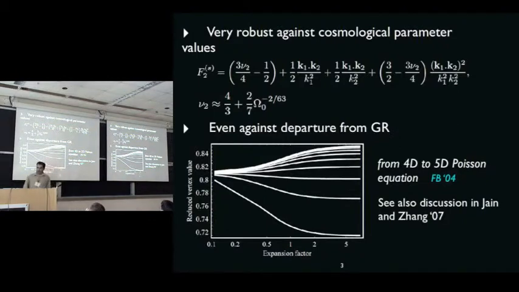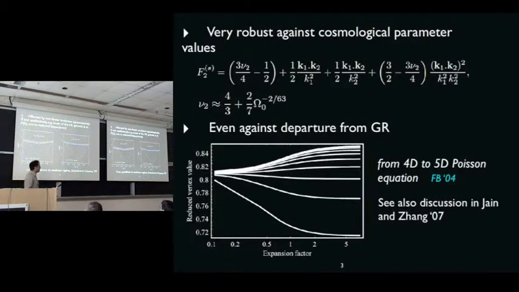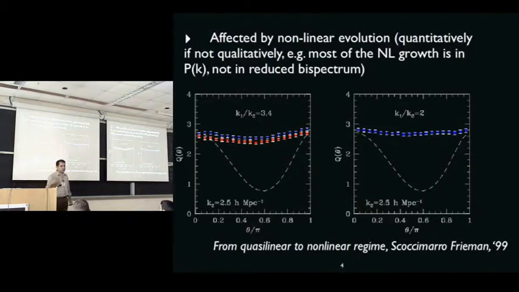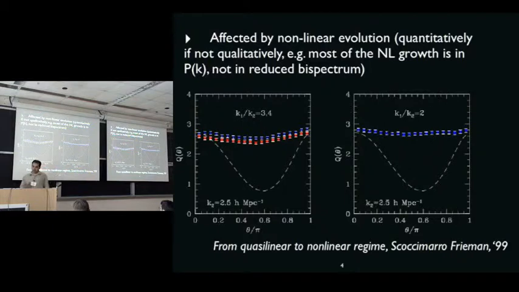Well, let's move on. One last thing: when you go into the nonlinear regime, obviously this mode coupling kernel is going to be affected by it, and quite dramatically. The only point I want to mention is that it's a quantitative change, not so much a qualitative change, in the sense that F2, or what is equivalent to F2, remains basically of the order of unity.